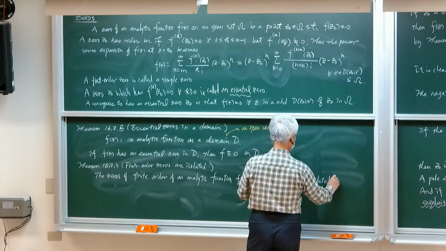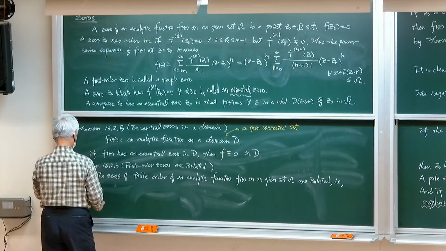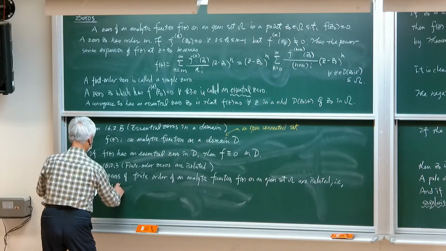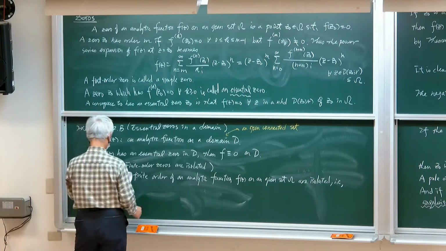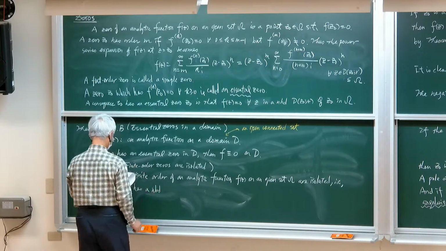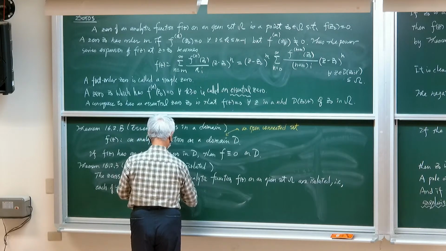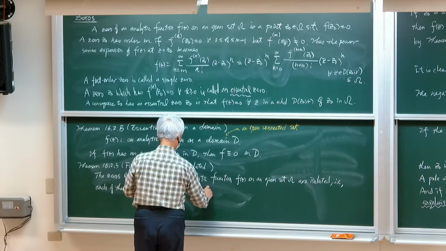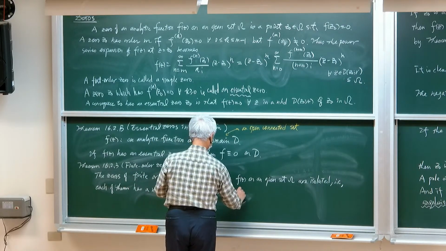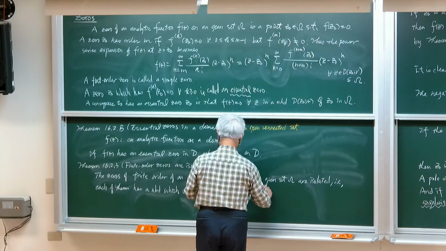The meaning is that each zero of finite order has a neighborhood which contains no other zeros of f of z.